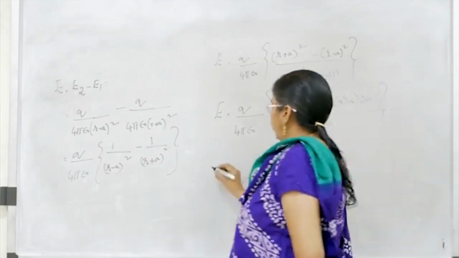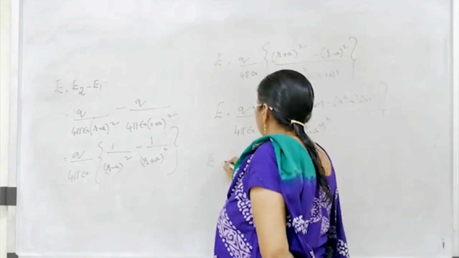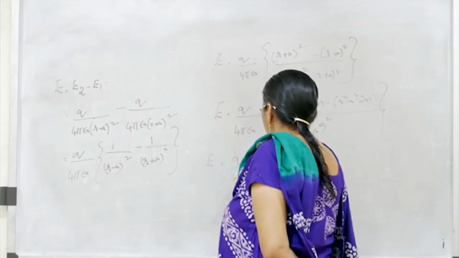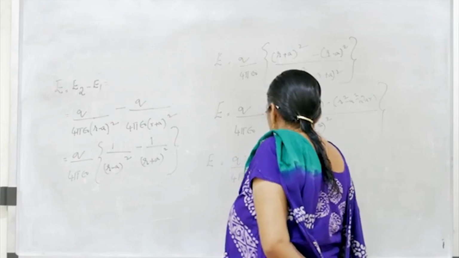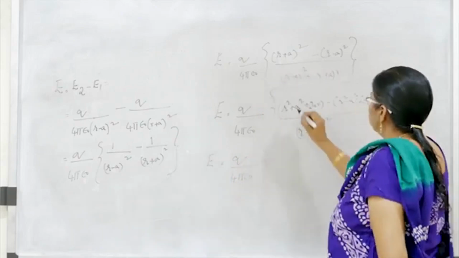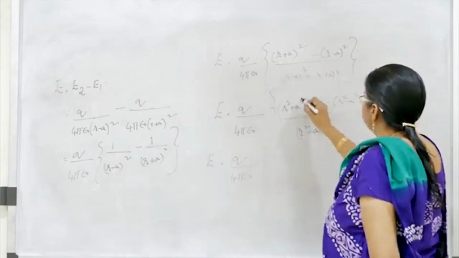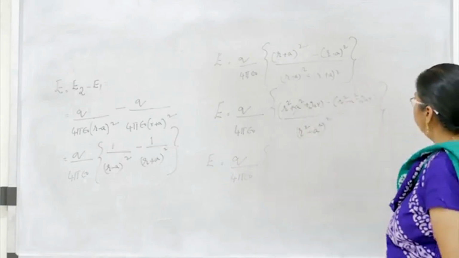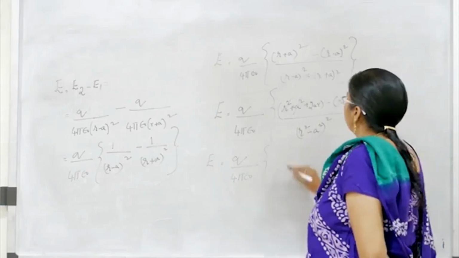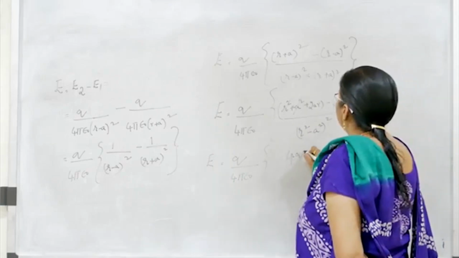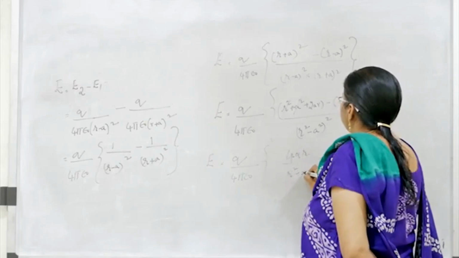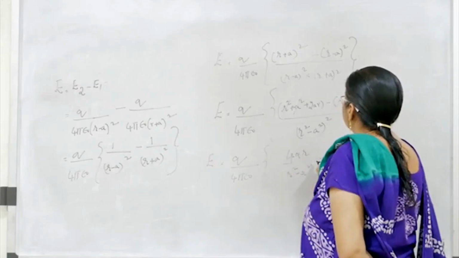So E is equal to Q upon 4 pi epsilon 0 into, so this R square and this R square get cancelled, A square gets cancelled. So 2AR minus of minus 2AR gives 4AR by R square minus A square whole square.